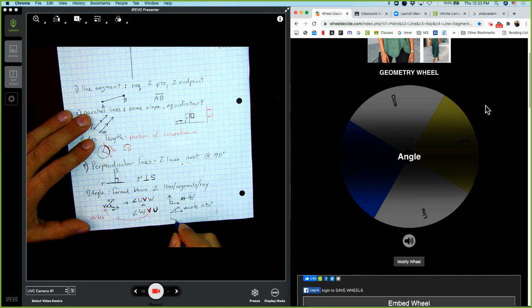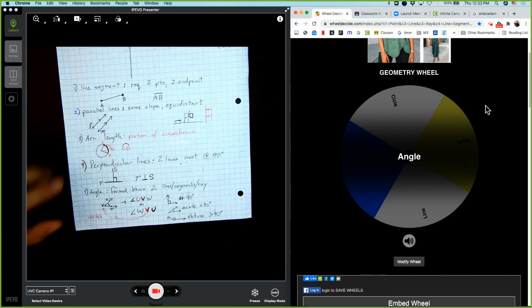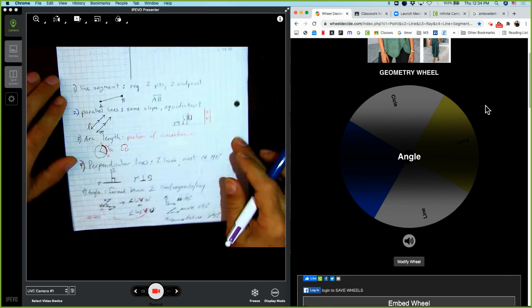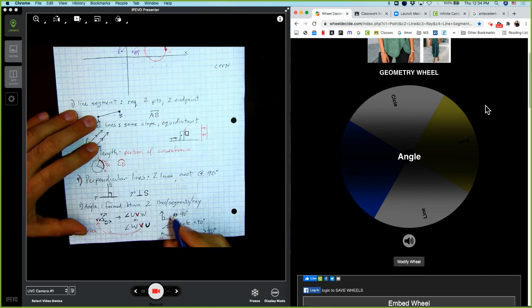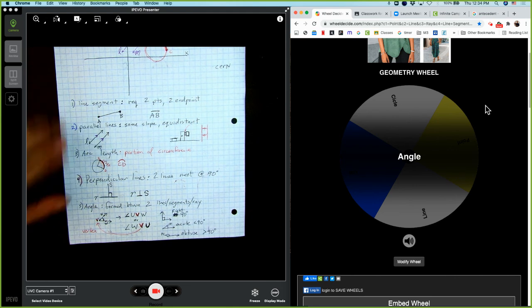And then we have an obtuse angle that's greater than 90. You guys have seen these three before, I'm sure. Let me make that a little clearer. This is right, acute, and obtuse.